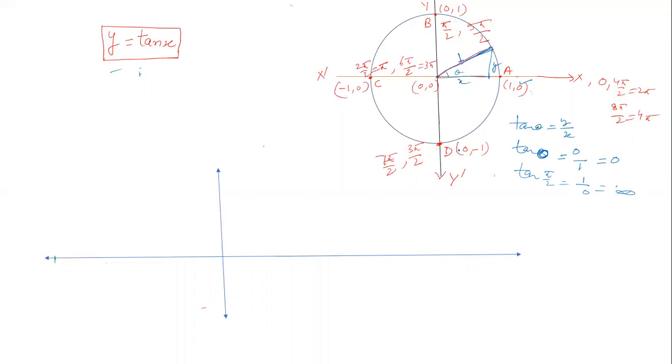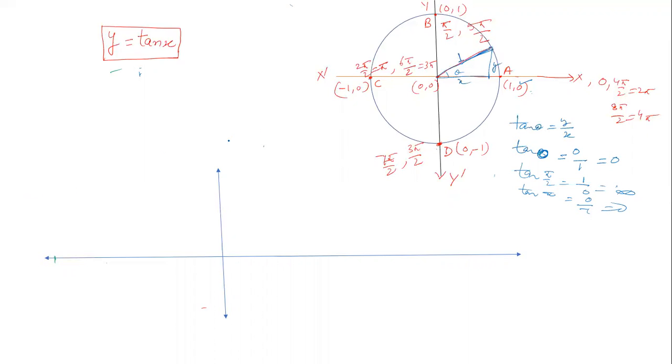Similarly here, tan pi would be 0 upon minus 1, that is 0. And so on, we can find the value.